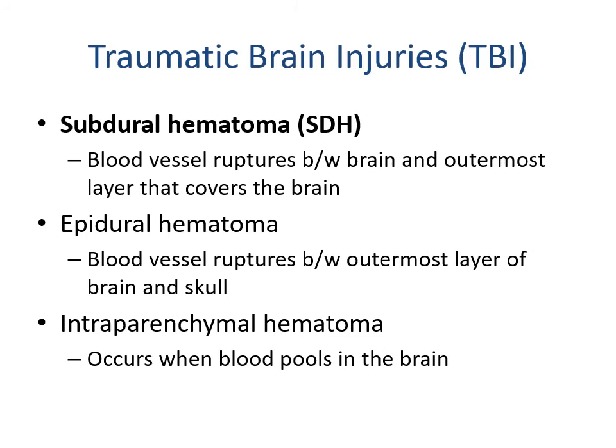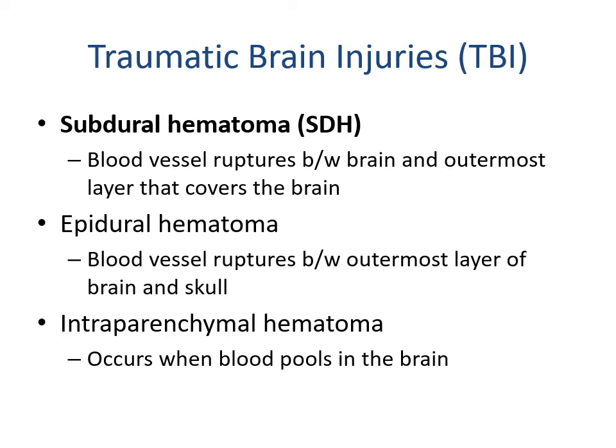We also have subdural hematomas, so blood vessels rupture between the brain and the outermost layer that covers the brain. The epidural hematoma, so again, blood vessels rupture between the outermost layer of the brain and the skull. And then intraparenchymal hematomas, so again, blood's pooling in the brain.